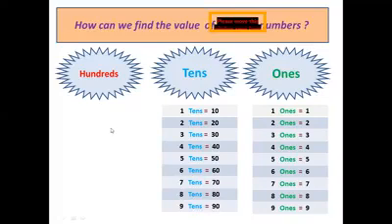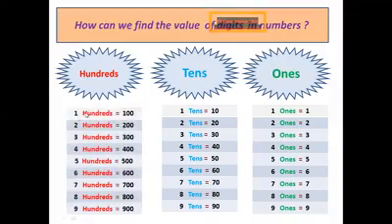If the digit is in hundreds, what is the value of numbers? Let's see. 1 in hundreds equal 100, 2 in hundreds equal 200, 3 in hundreds equal 300, 4 in hundreds equal 400, 5 in hundreds equal 500, 6 in hundreds equal 600, 7 in hundreds equal 700, 8 in hundreds equal 800, and 9 in hundreds equal 900.